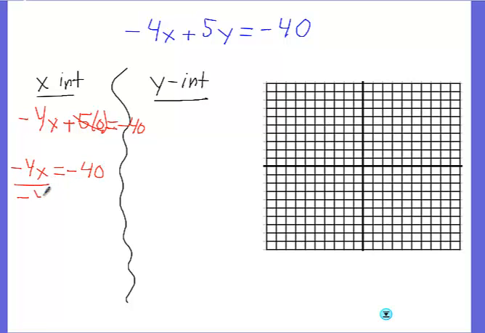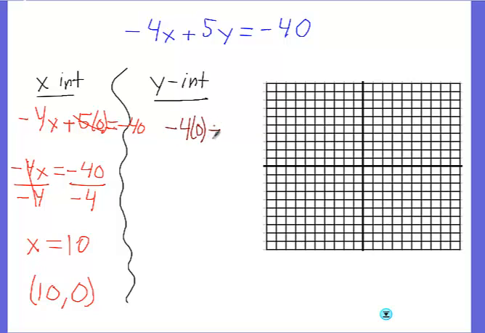Divide both sides by negative 4. And we know that x is equal to a positive 10. All right, so our solution to this is that when y is 0, x is 10, aka that's our x-intercept. Again, we want to find the y-intercept, so we use the fact that when the y-intercept occurs, your x value is 0.